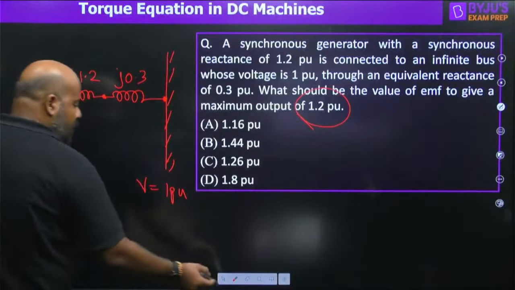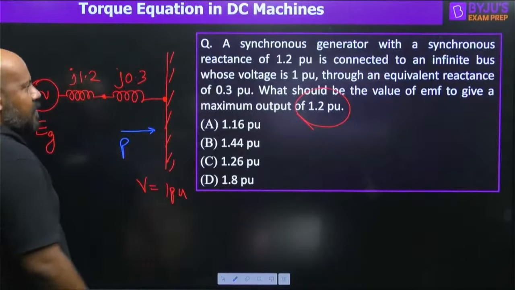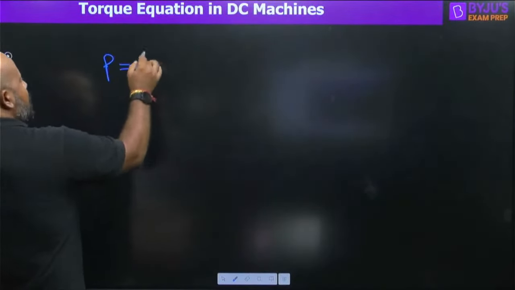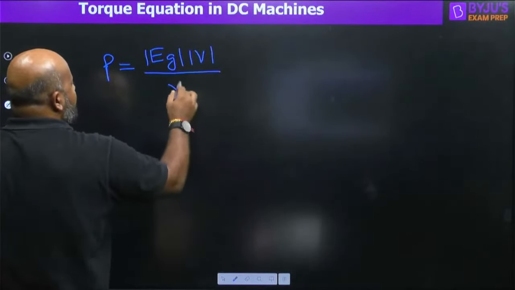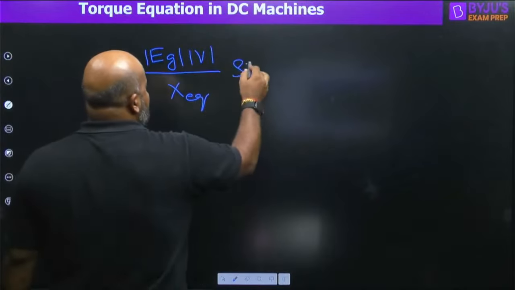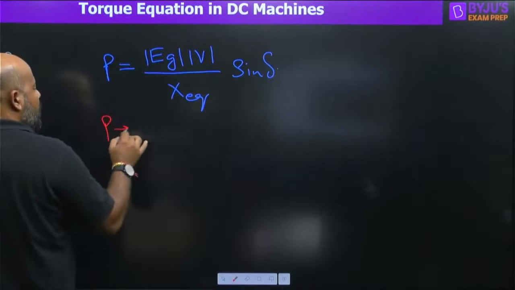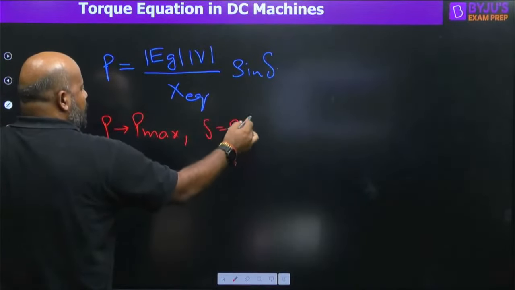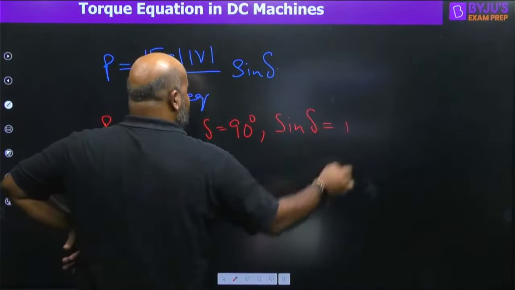The real power transferred by this synchronous generator to the infinite bus is P equal to mod Eg mod V upon X equivalent, times sine del. If you want P to be P max, then del has to be 90 degrees. Then you will get sine del as 1.